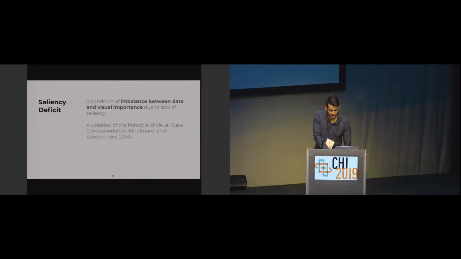So to explain this failure, we use the term saliency deficit, which we define here as a condition of imbalance between data and visual importance due to lack of saliency. And we characterize this as a violation of the principle of visual data correspondence from Kindlmann and Scheidegger. So this principle states that important changes in data should yield salient changes in the visualization.